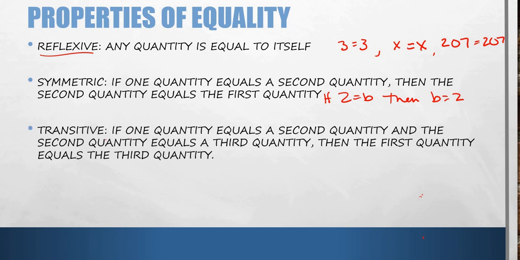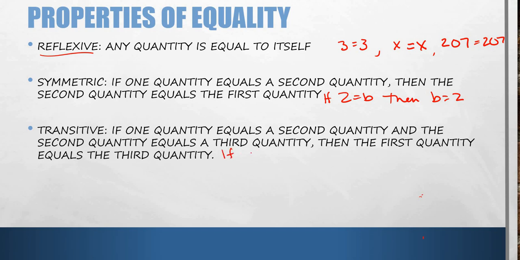Transitive. Again, pause to write this down after I say it. If one quantity equals a second quantity, and the second quantity equals a third quantity, then the first quantity would equal the third quantity. Write this down.